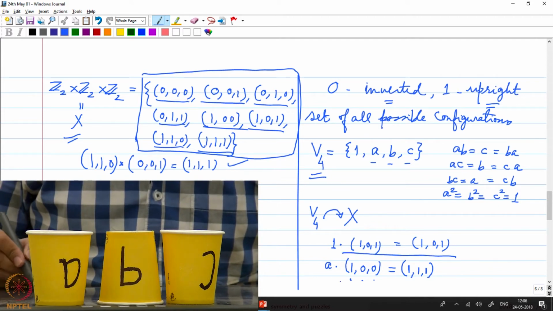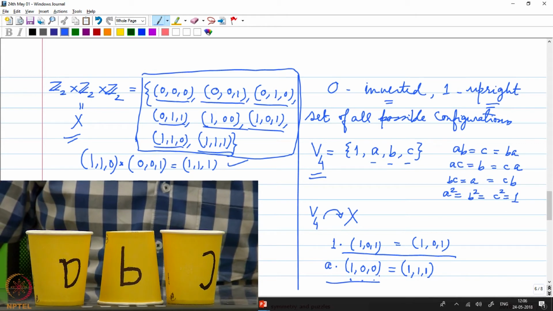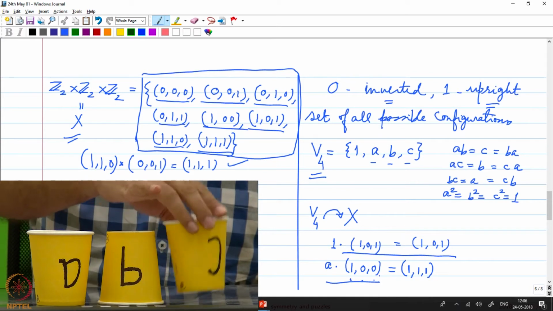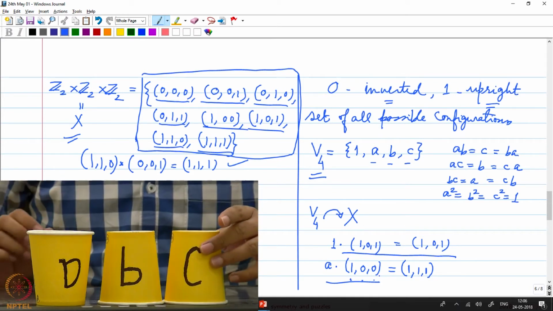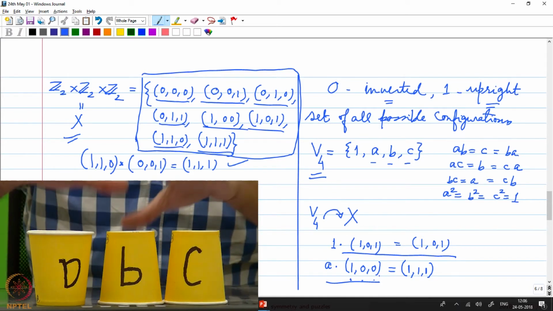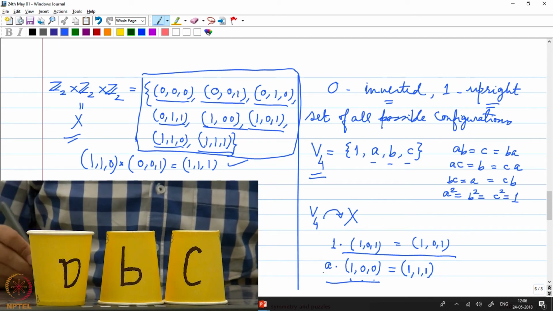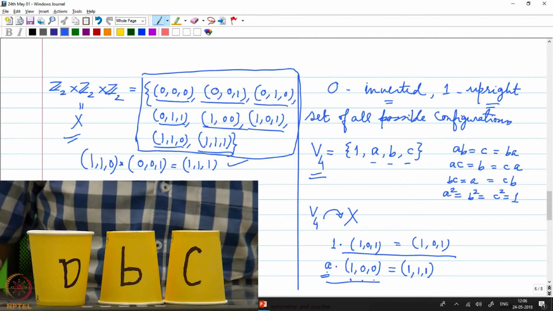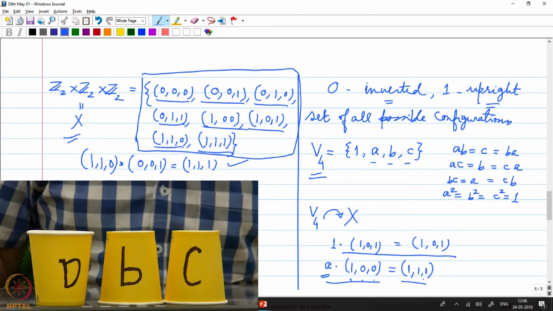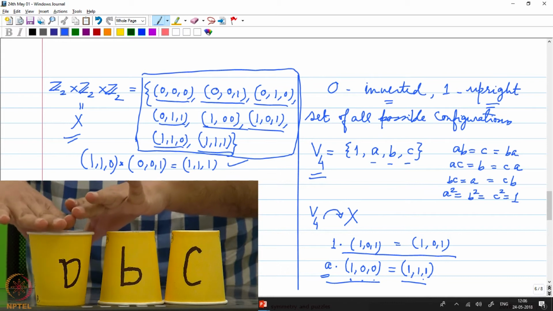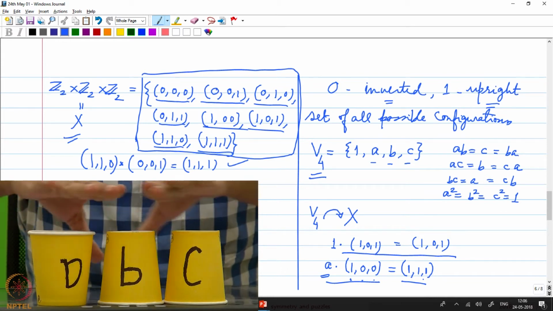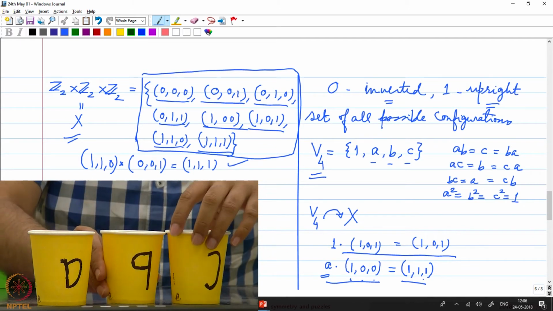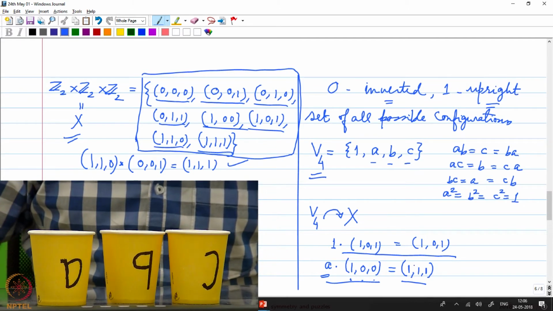And here say 1 0 0, so it's 1 for A, 0 for B and 0 for C. So when I apply on this configuration the element A from the Klein 4 group, what happens? All three become upright. So I don't touch A, I touch only the other two and I just change their position. So all three become upright.